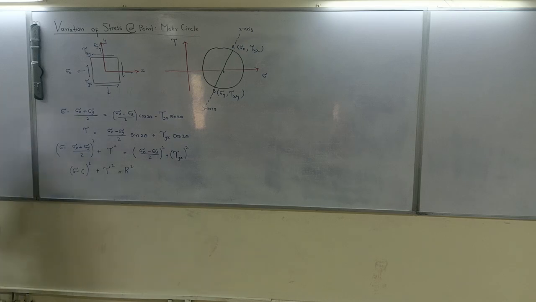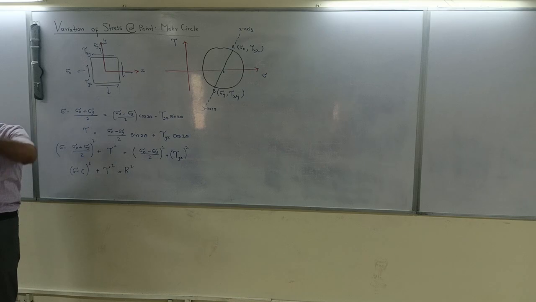For example, in this L-shaped structure, if I've got a load applied like this, you can draw the bending moment diagram of this frame, and you will find out that this joint is carrying maximum moment. In other words, this has got maximum stress.